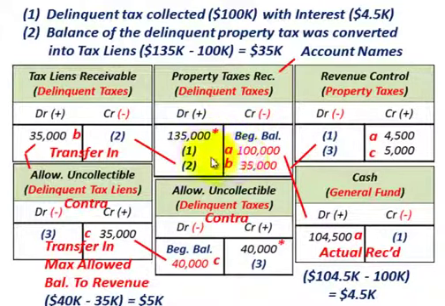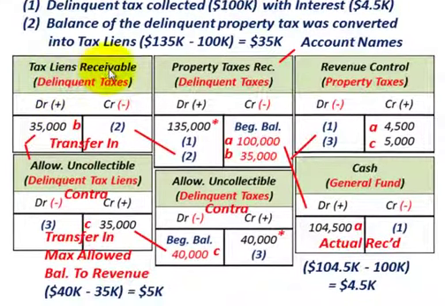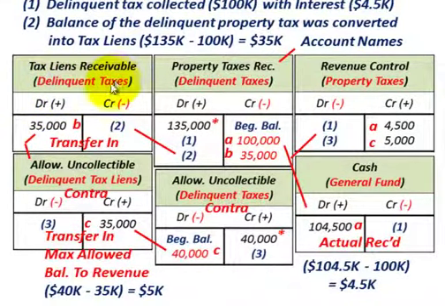To zero it out, we would credit our property taxes receivable for delinquent taxes by $35,000, and then the debit would go into our tax liens receivable for delinquent taxes. We just reclassified this, as now we've got a lien on the property, so we're going to set it into a different account called tax liens receivable, delinquent taxes, and debit that for $35,000.